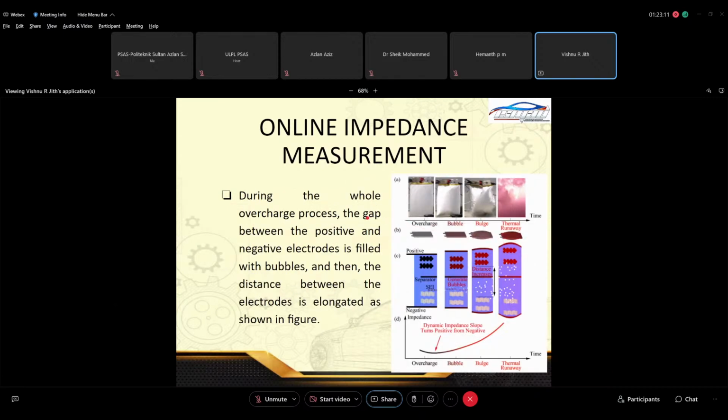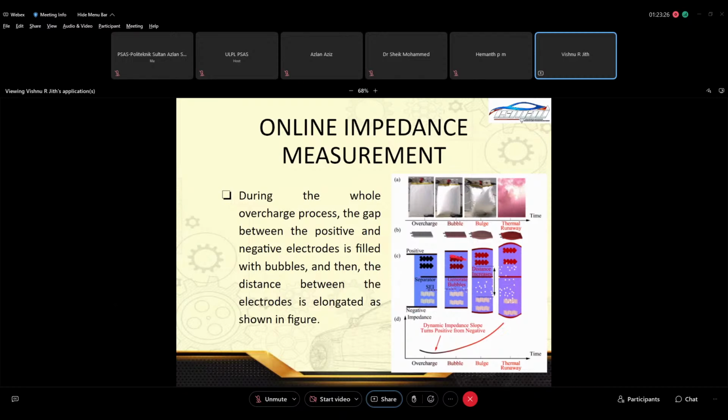So, in order to identify this, during the whole overcharge process, the gap between the positive and the negative electrode is filled with bubbles, and then the distance between the electrodes is elongated as shown in the figure.